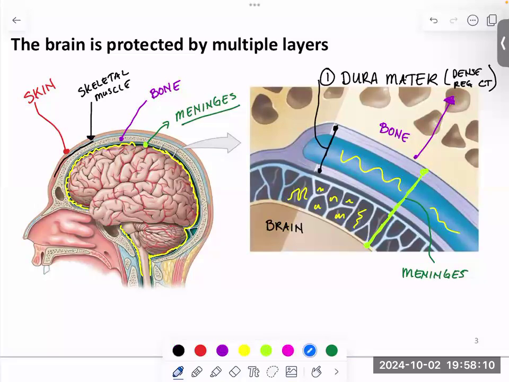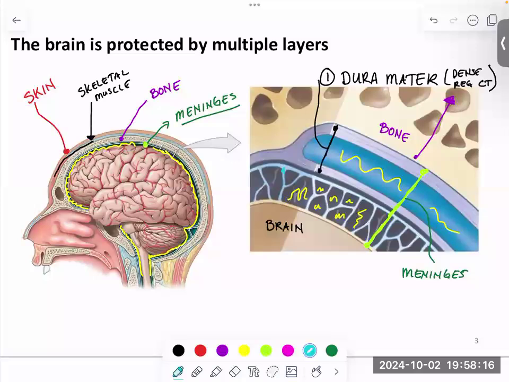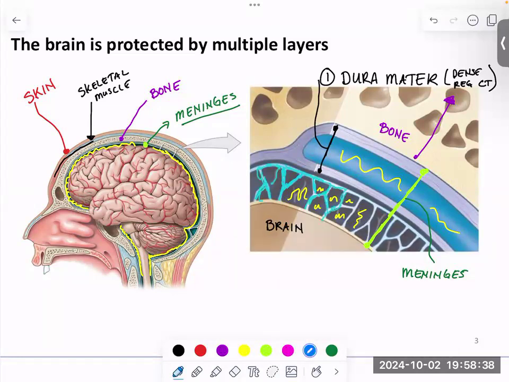These things that are shown in this light blue color, they're like fibers. These are just fibers. And these fibers are the next layer of the meninges. They are the middle layer of the meninges.